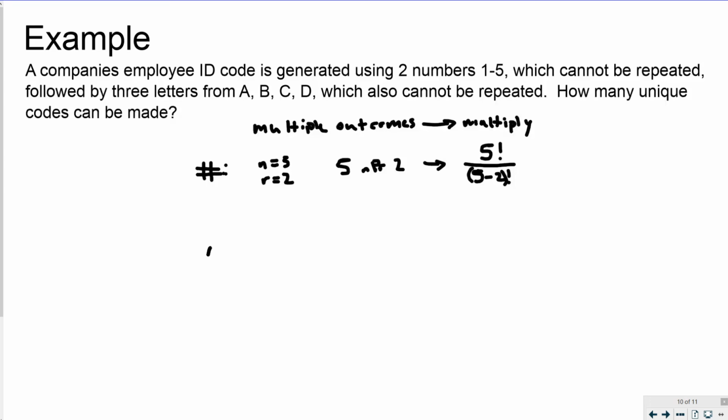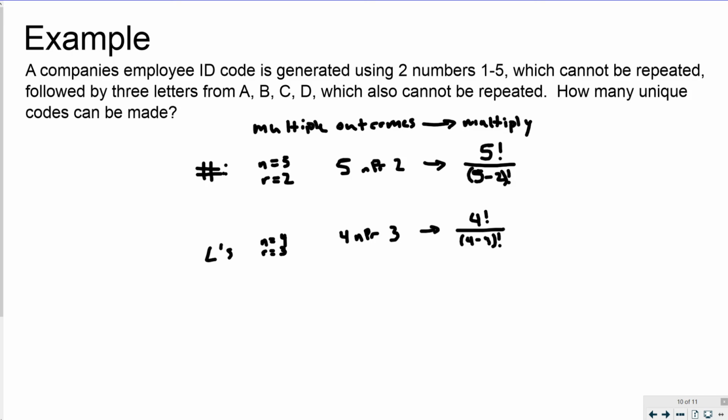And then if I set up the letters along the same way, I have 3 letters being chosen, and there are 4 letters in that pool, A, B, C, D. So it would be 4P3, which would turn into 4 factorial over 4 minus 3 factorial.